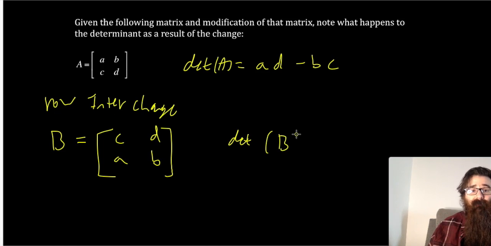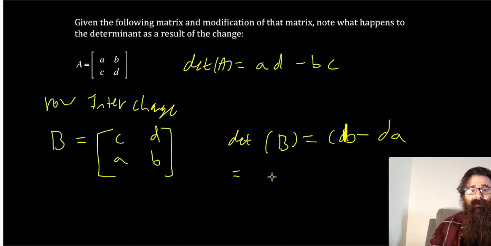Well, the determinant of matrix B is going to be c times b minus d times a. Whoops, you saw that. C times b minus d times a. And I want to try to relate this back to the determinant that I got for matrix A. Okay, well, what I could do with this is I could actually bring out a minus sign.